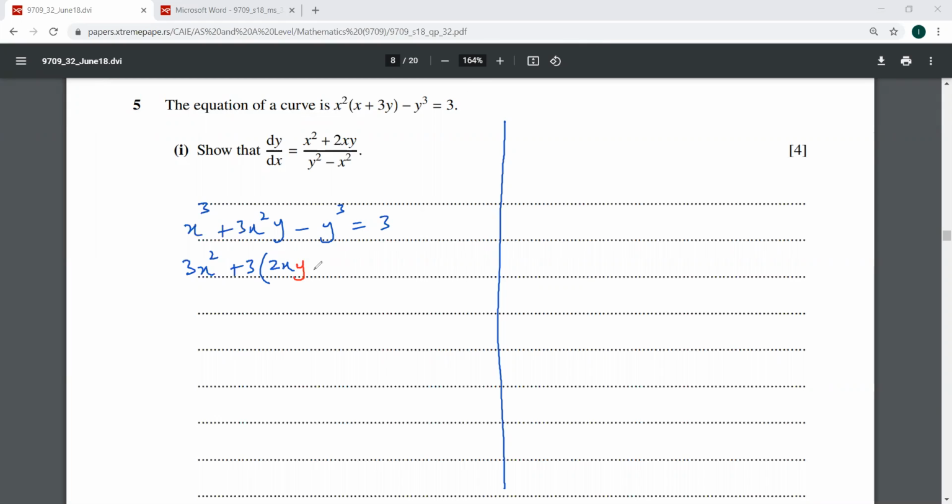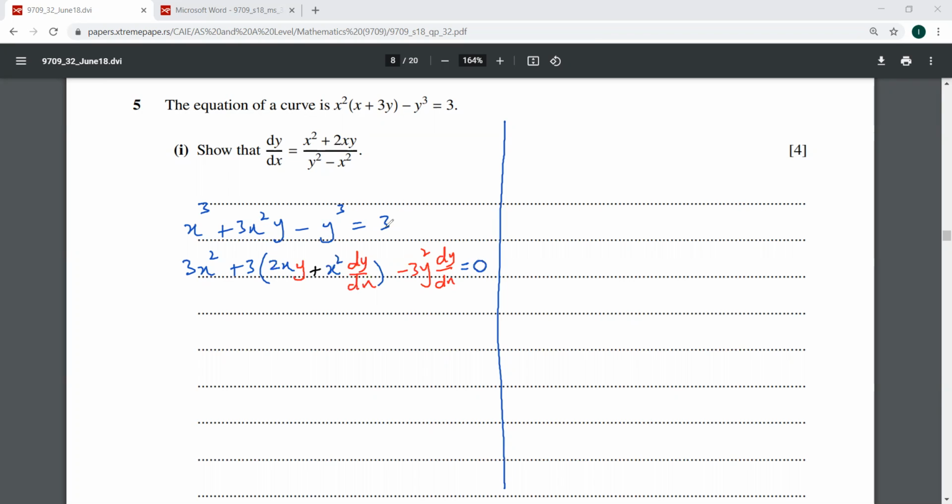Then plus, now this x square will remain as it is and the derivative of this y would be dy by dx. And then you have minus y cube, so that will be minus 3y square dy by dx, and that is equal to 0.